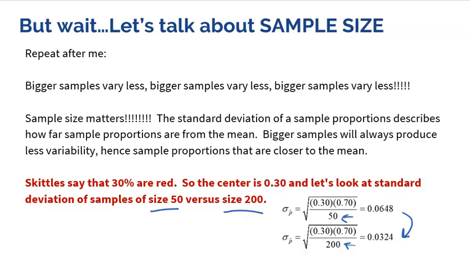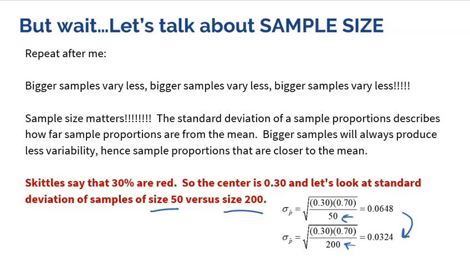So with only 50 Skittles, we would expect somewhere around a 6% swing, 6% higher, 6% lower, which is a pretty big variability. But with 200 in our sample, we would only expect about a 3% swing, 3% too high, 3% too low, which is much smaller.